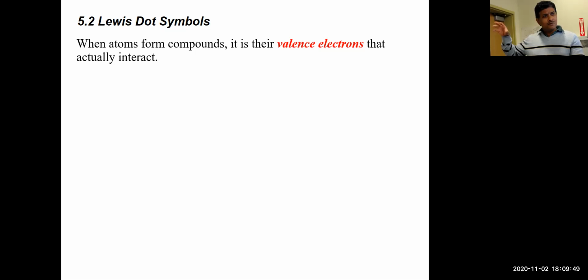It leads back to the electronic configuration that we discussed in chapter 3, where you arrange electrons from the lowest 1s orbital to the highest based on how many electrons you have. Valence electrons are defined as all the electrons present in the outermost shell. Those are called valence electrons.